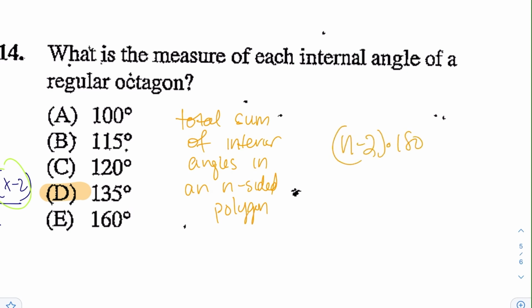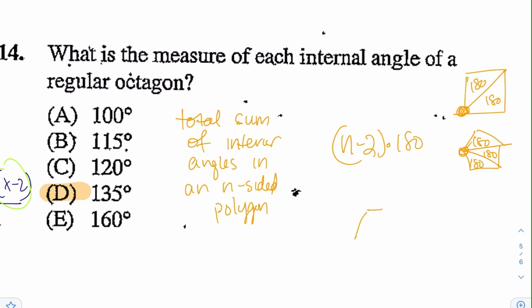That comes from the fact that you just break a shape, let's say a quadrilateral, into smaller triangles. You pick a corner and you connect all the sides, you have 2 triangles. For a pentagon, that's going to be 3 triangles. So that's 540, and et cetera, et cetera.